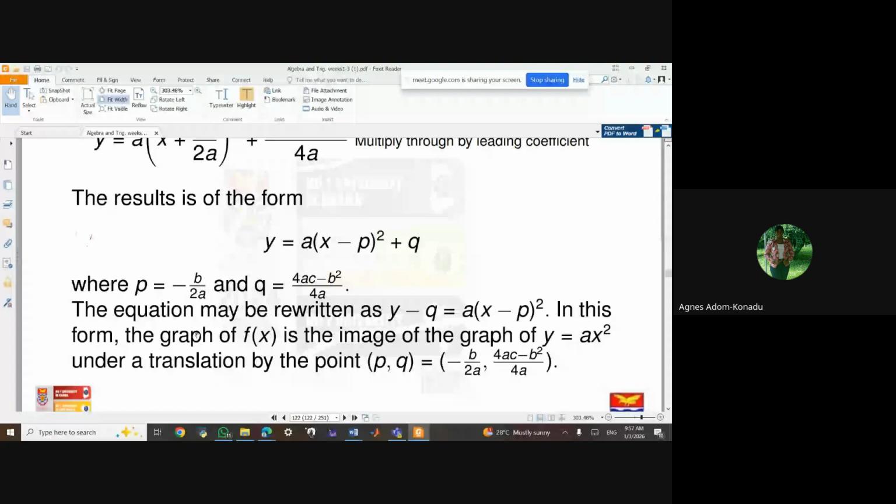In this form, the graph of f of x is the image of the graph of y is equal to a x squared. By translation, we have the point (p, q): my p is this, and my q is this.